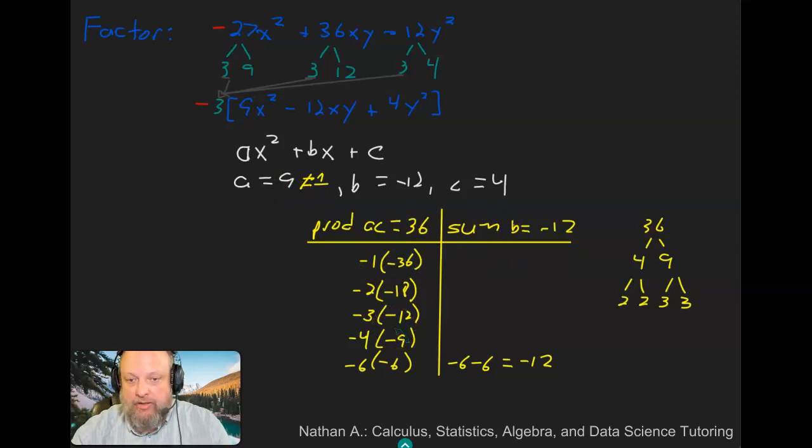This is like a sandbox. This allows us to explore, look, and identify two numbers that multiply to a times c, which is 36. And we have to do a times c because a is not equal to 1. It's 9. And the same two numbers also have to add to negative 12.